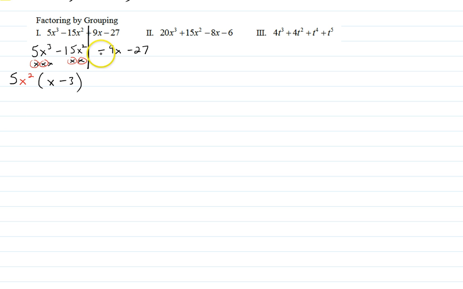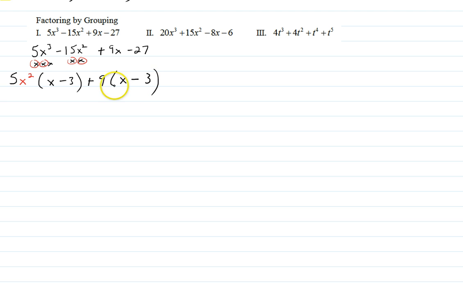Now notice here how this has both negatives. So I'm going to take out a negative. So take out a negative 9, because 9 goes into both of them. And so that would be x. Okay, hold on, that would be a positive 9x. So I take out a positive 9, and so that gives me x minus 3.